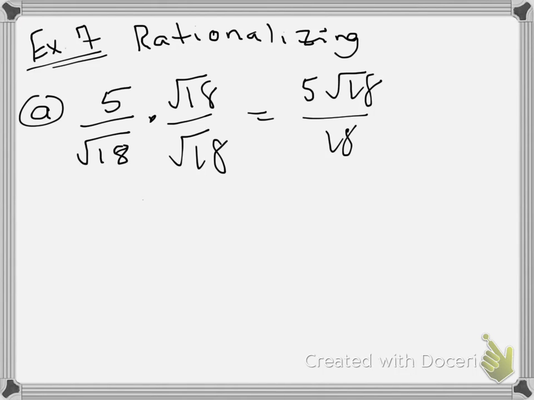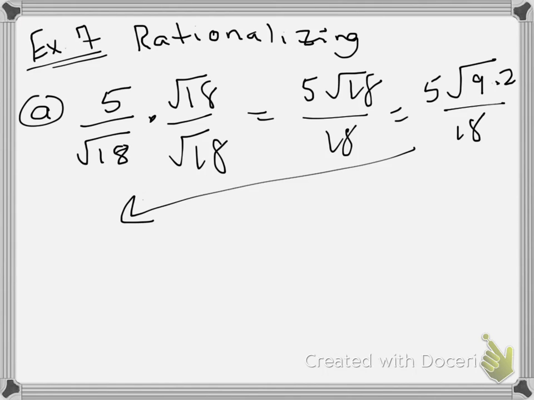But we're not done here. We're going to look at that square root of 18. Think of a perfect square. What's the biggest perfect square that goes into that? So we can rewrite that as 5 times the square root of 9 times 2, right? Because 9 goes into it 2 times, and 9 is a perfect square. So bring it down here. Square root of 9 is 3.